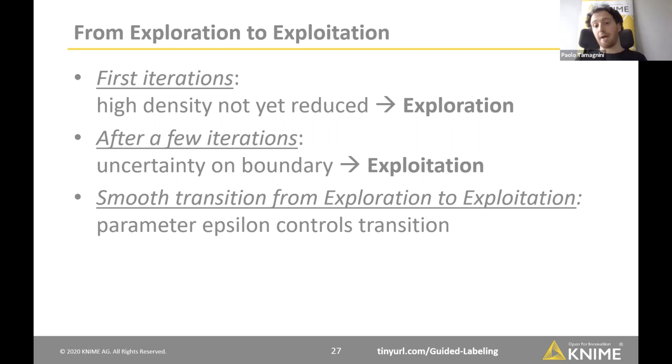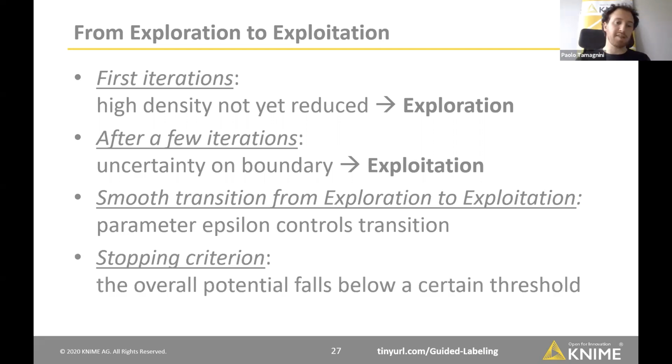You can do this by changing epsilon given the number of iterations or some other heuristic. Something else that you can do is stopping. And the stopping criterion is hopefully the idea, right? That you don't need to label forever because at some point the model will be good enough. So when the potential score is low everywhere, then it's a good point to stop labeling.